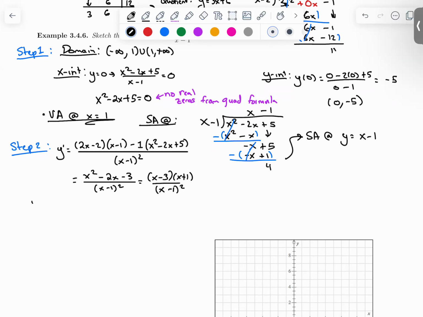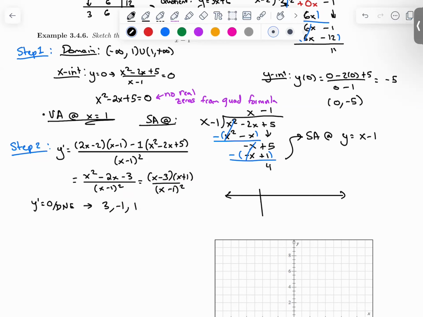So setting y prime equal to 0 / dne will give us 3, -1, and 1. We get the 3 and the -1 from the numerator, setting that equal to 0, and we get 1 from the denominator where it does not exist. So we'll make a sign chart here.